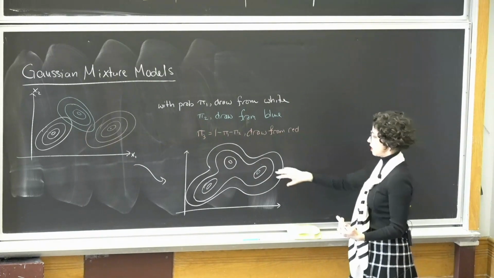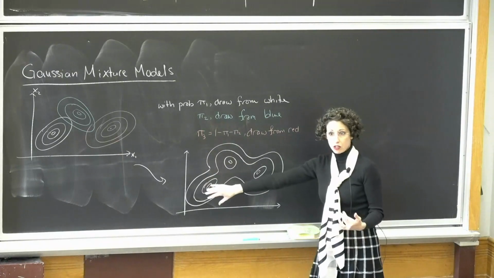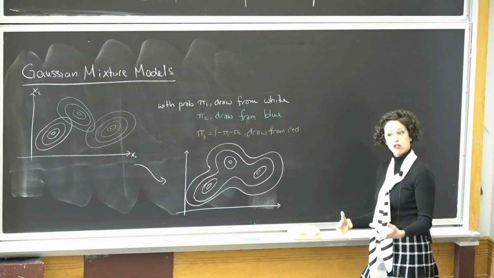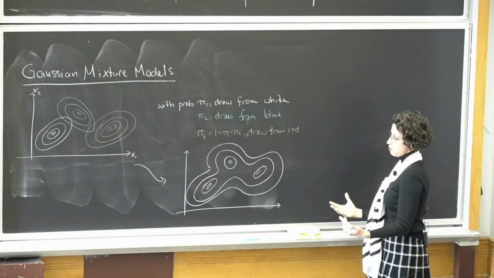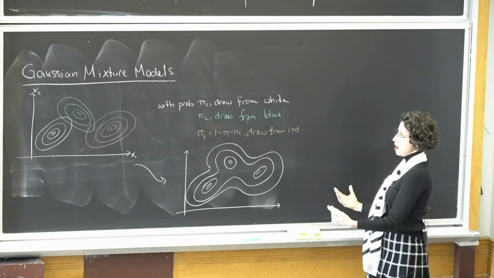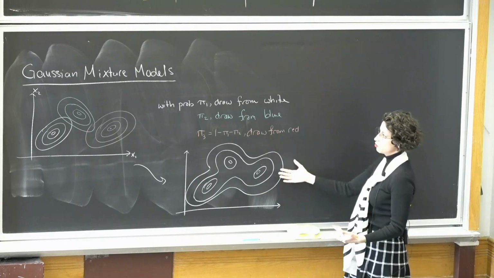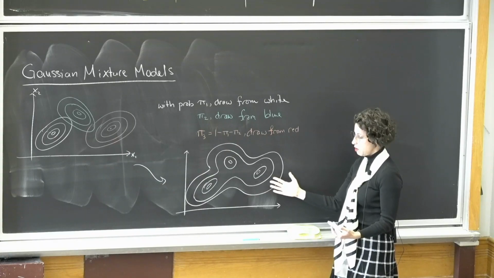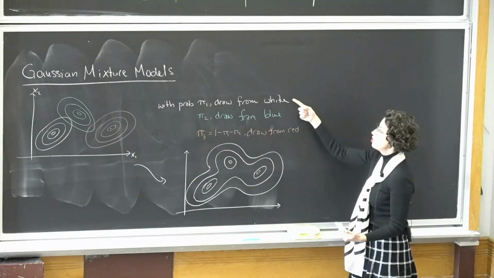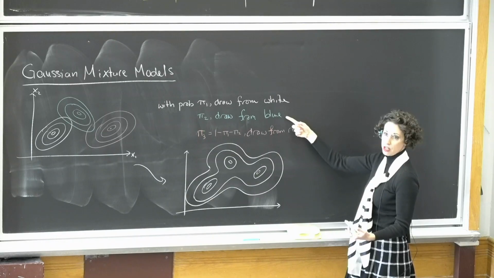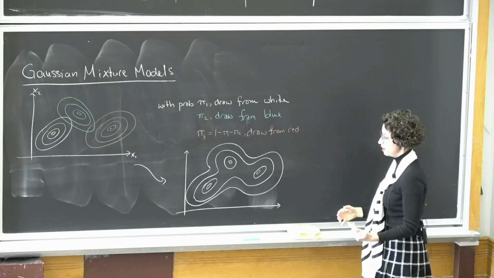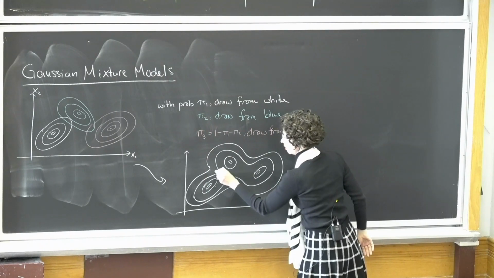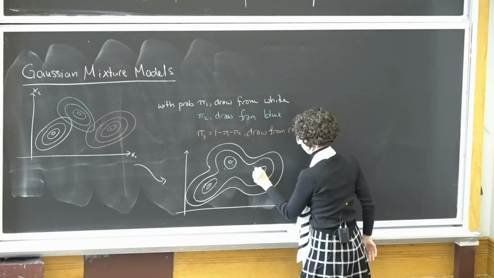We're thinking about this because these different modes or peaks could correspond, for instance, to cluster centers. So if we've got a bunch of data and we want to cluster it, we could model it by saying, well, imagine that it comes from a mixture of Gaussians, something like this. Now, when we draw our samples, we don't know which sample is coming from white, which is from blue, and which is from red. All we're getting is a bunch of different samples scattered all throughout here.